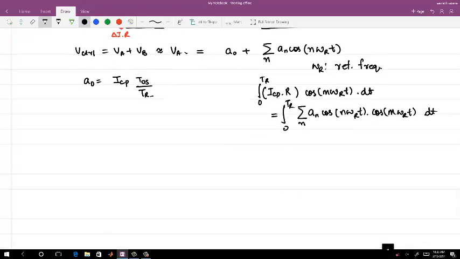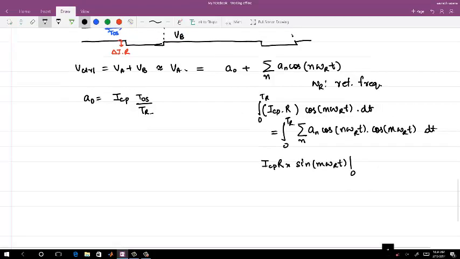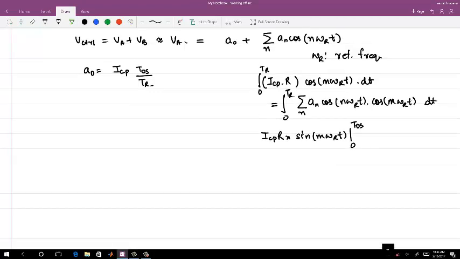So what I have from here is ICP R, and cosine goes to sine, so you have sine of m omega r t, from 0 to t offset, because it is 0 otherwise.